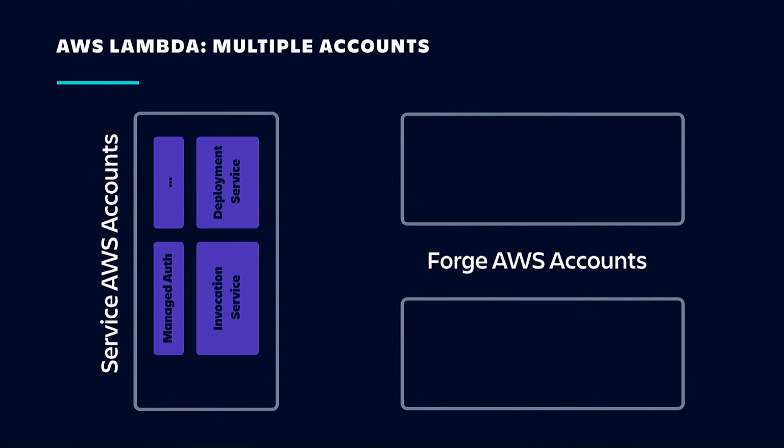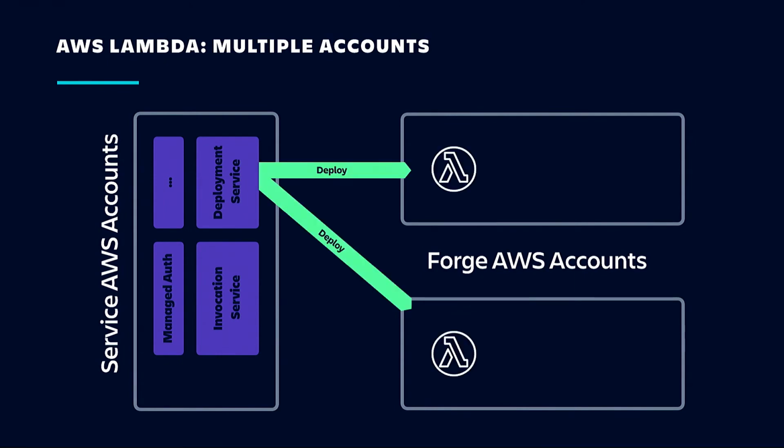We also have more than one account where we run the functions. So deployments can go to one or the other. We can add more over time. The reason we do that is not only isolation. You can think of that as a benefit as well, and it would reduce the blast radius if something went wrong. But we're doing this mainly to get around any kind of unknown hard limits that we might still encounter. What we're doing is relatively unusual, so it's unusual even for AWS.